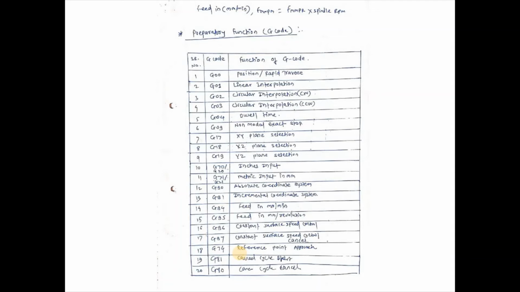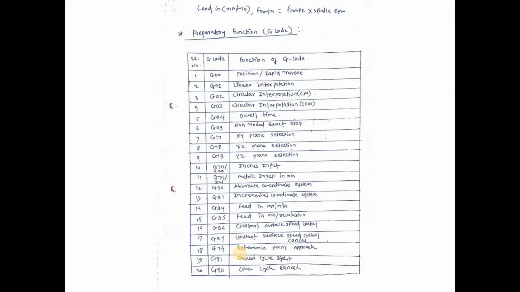Suppose I want to move my tool in a circular manner clockwise, we have to use the G02 code. Next, G03 is also used for circular interpolation, but it is anti-clockwise, that is counterclockwise direction.